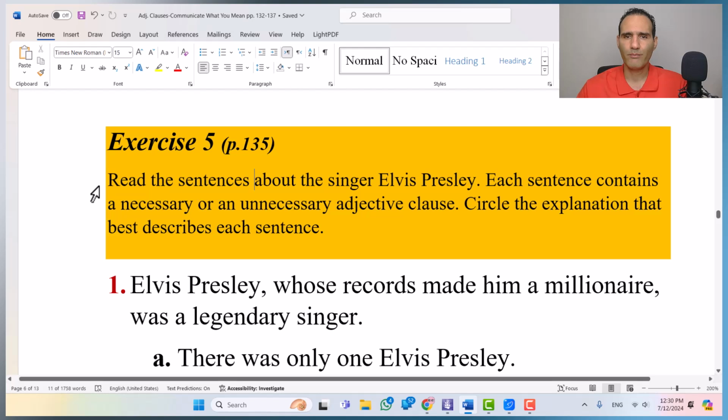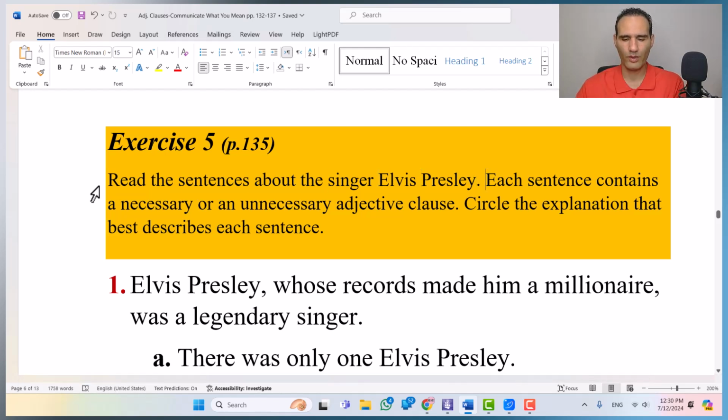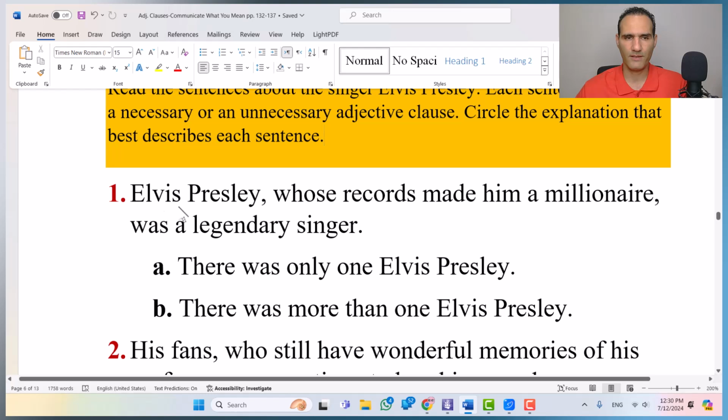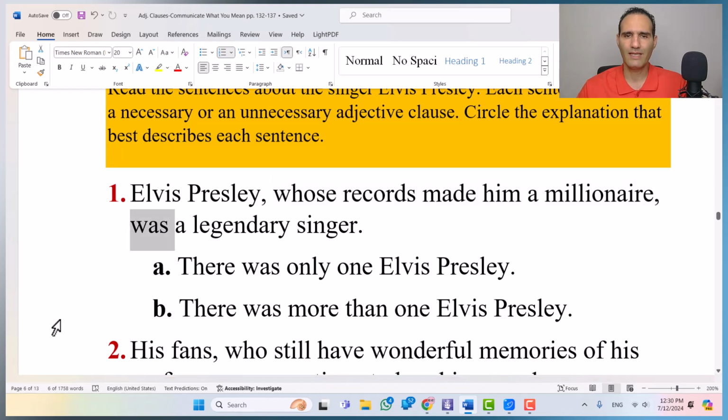Read the sentences about the singer Elvis Presley. So here we can clearly understand necessary and unnecessary adjective clauses, when they are talking about just one person or all the members. Let's see. Elvis Presley, whose records made him a millionaire, was a legendary singer.